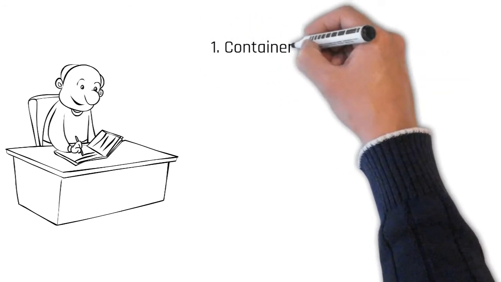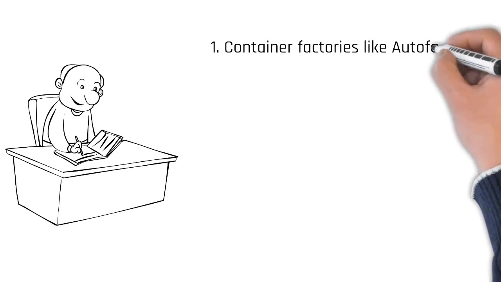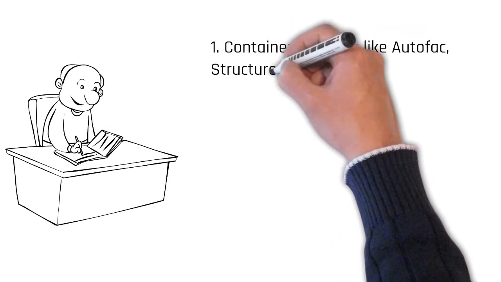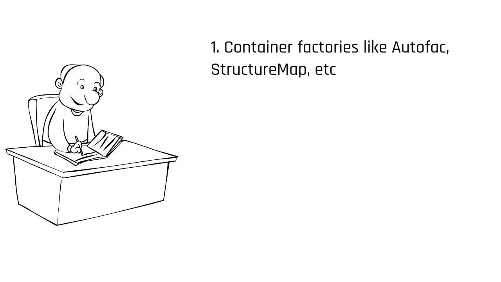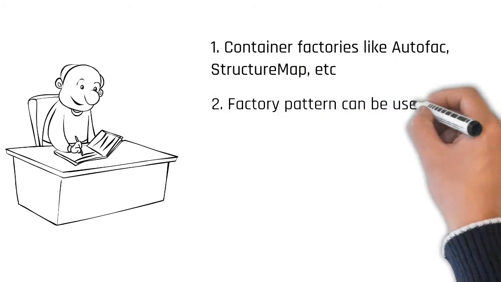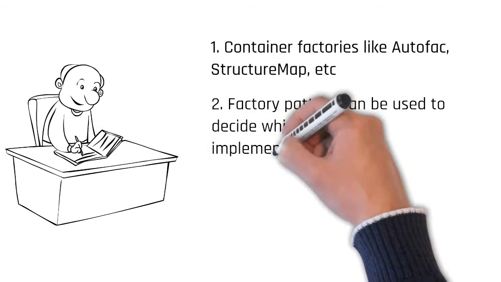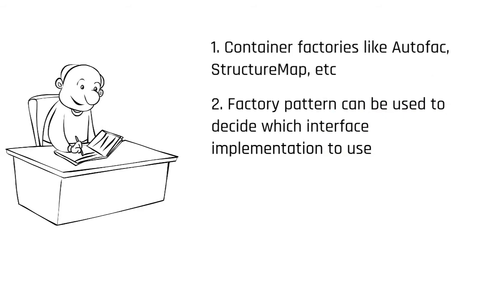First one, there are different third-party libraries which are also called container factories like AutoFac, StructureMap, which you can refer into your project, and this can help you to define how to inject the requested dependency into the constructor of the entity. The second thing is factory pattern, which can be also used to decide which interface implementation to use based on the given inputs.